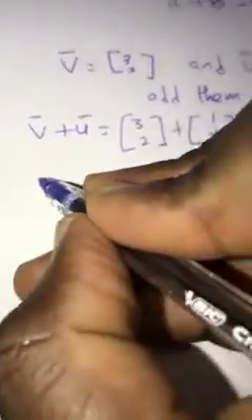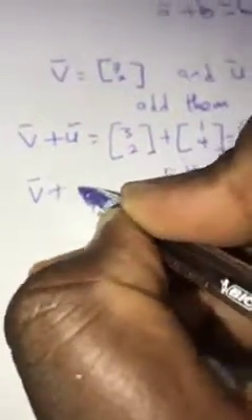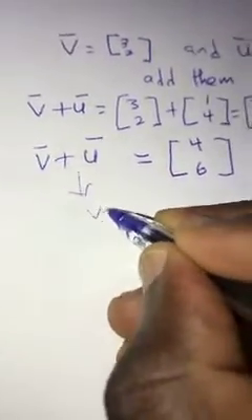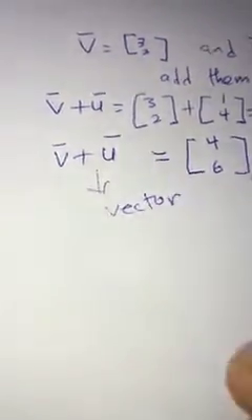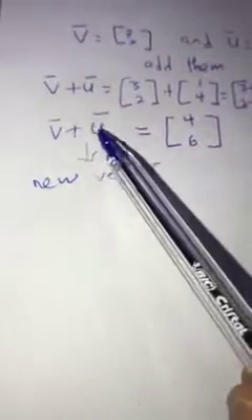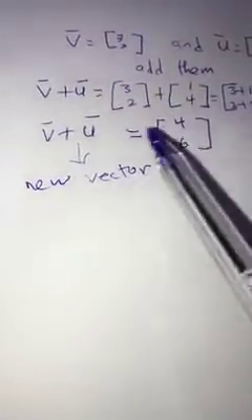It means that vector V plus vector U is a different vector altogether. So let me say a new vector. I hope you understand. Yes. So vector V plus vector U is a different vector altogether.